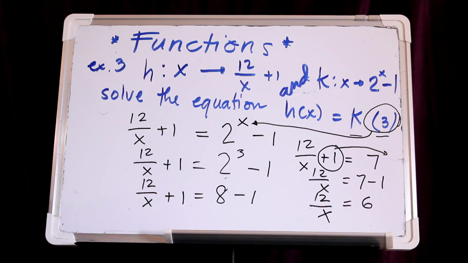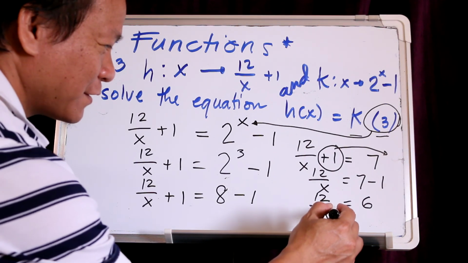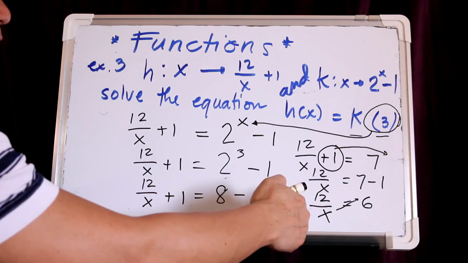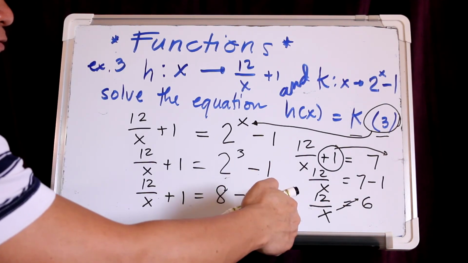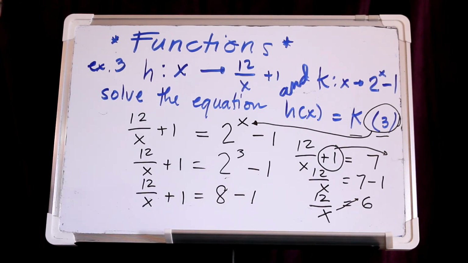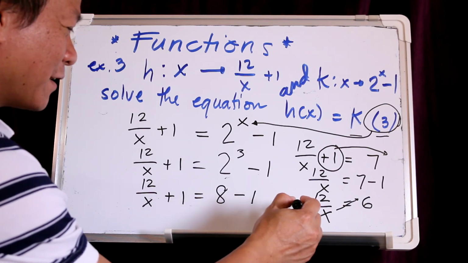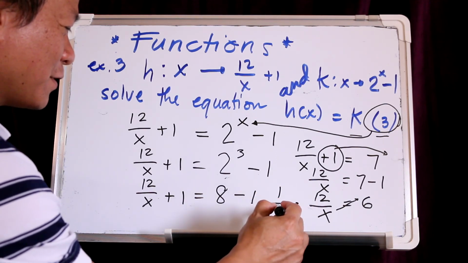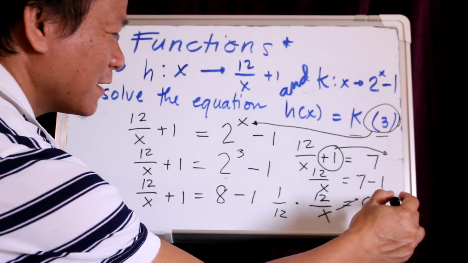Alright? So in the process, you are going to multiply this with 1 over 12. Okay? So either way, it's fine. Alright, you will have the same answer. Okay, so multiplying 1 over 12 on both sides.